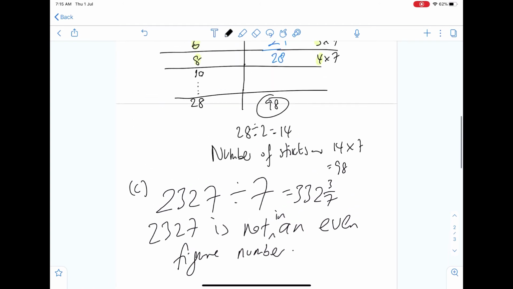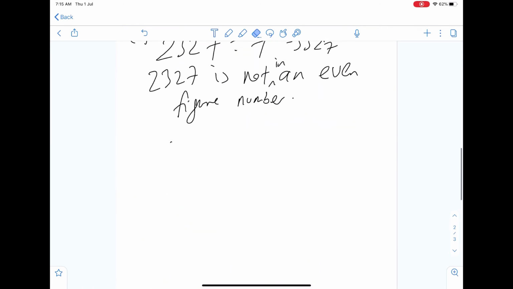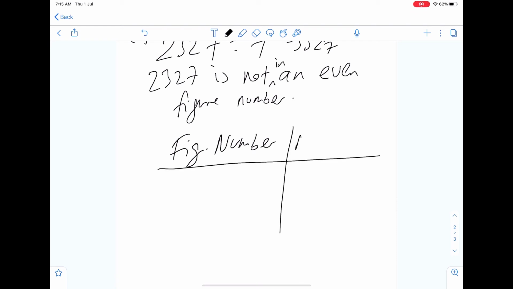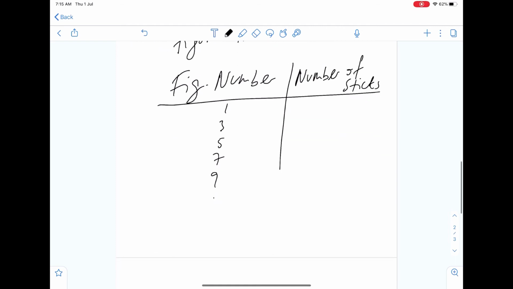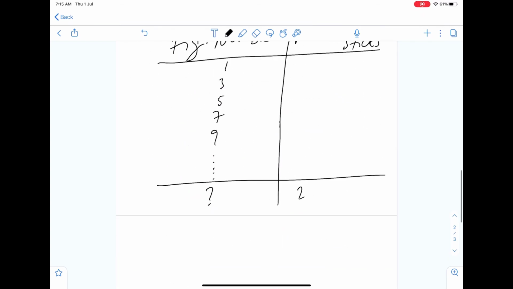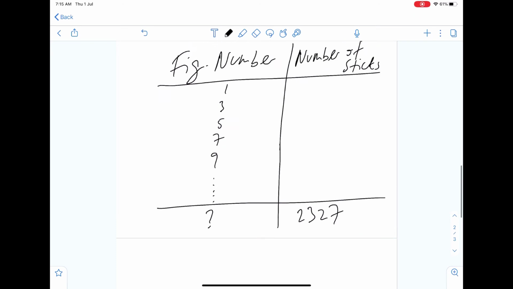Now we focus on the odd figure numbers instead and try to find some kind of relationship between the number of sticks. So 1, 3, 5, 7, 9, until we reach the question mark, where we're supposed to find out for 2,327.